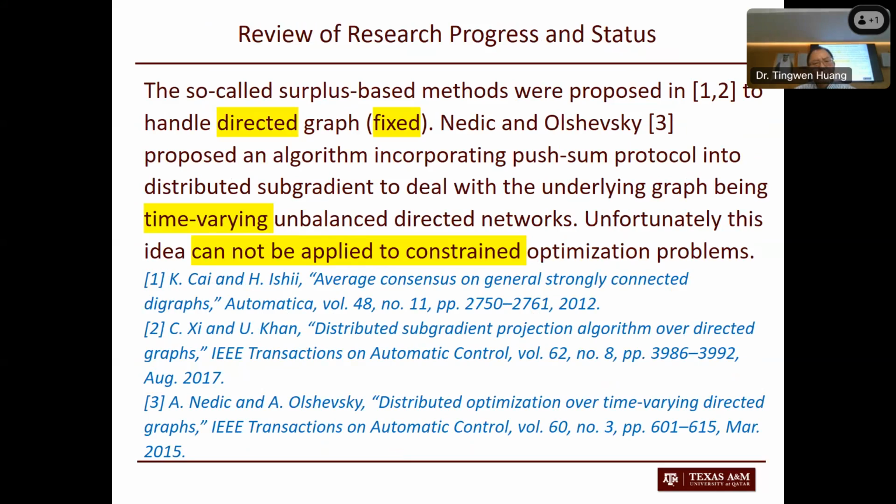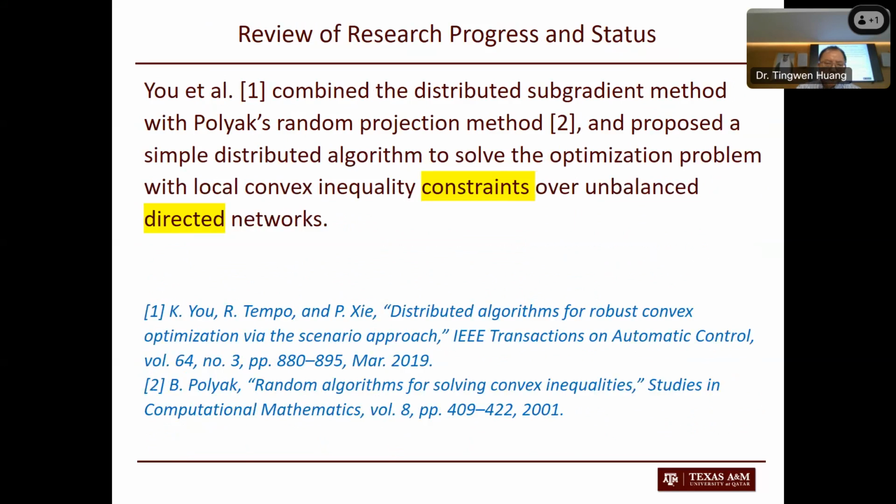Unfortunately, this idea cannot be applied to constrained optimization problems. Yi and others combined the distributed subgradient method with Ram's random projection method and proposed a simple distributed algorithm to solve the optimization problem with local convex inequality constraints over unbalanced directed networks.